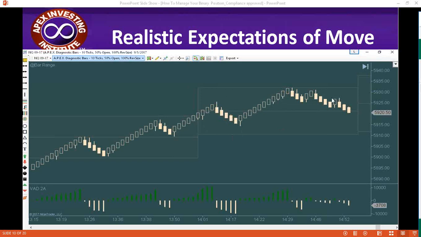So if I'm utilizing this, markets go in my direction, okay? And I see the market getting up here towards the top of this range. And I'm in profit, I'm doing good.